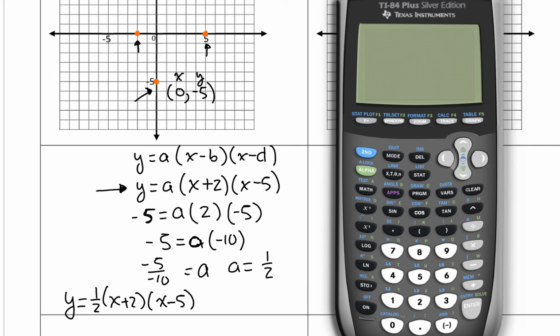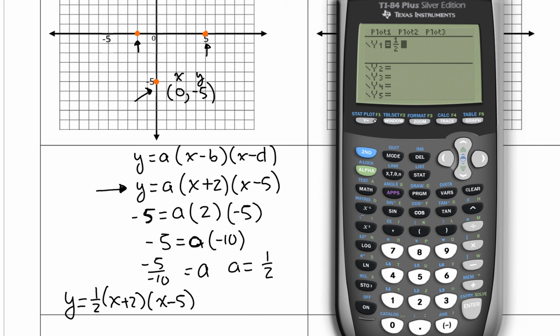So I'm just going to graph this function. I'm going to press y equals, and the function is going to be 1/2. I'll choose to use the fraction template. To grab that fraction template, I press alpha and then F1, where it's at.